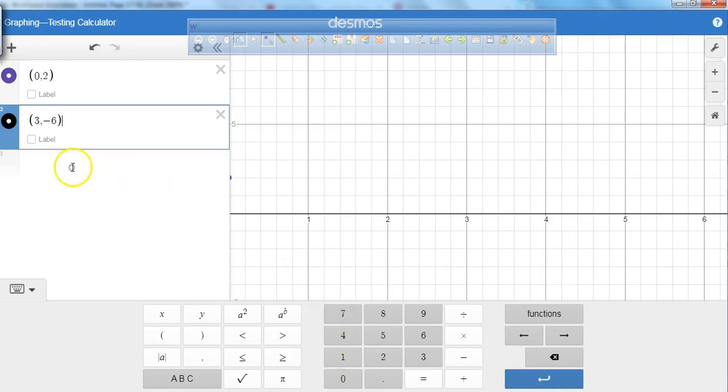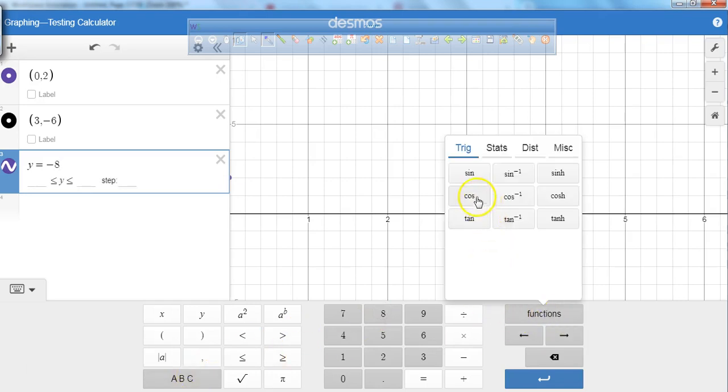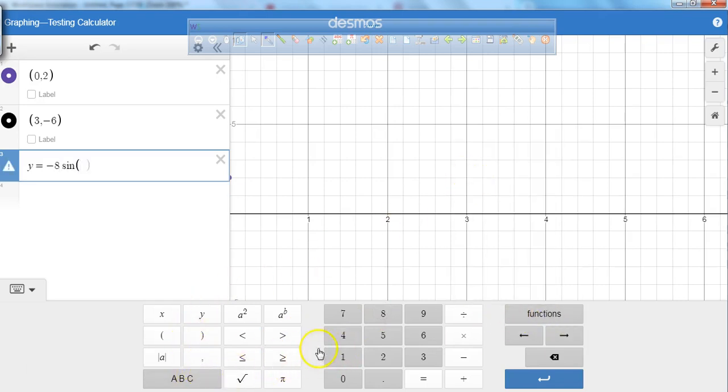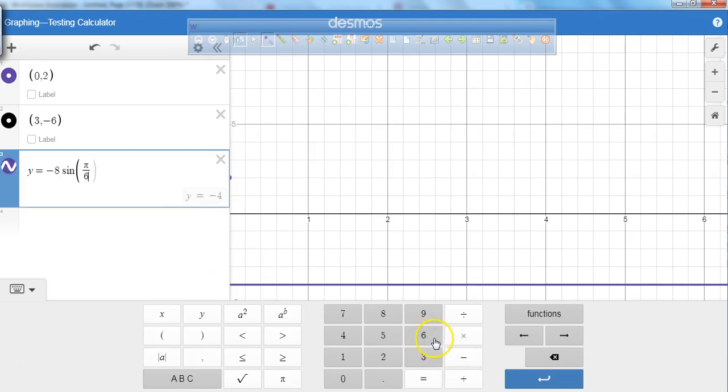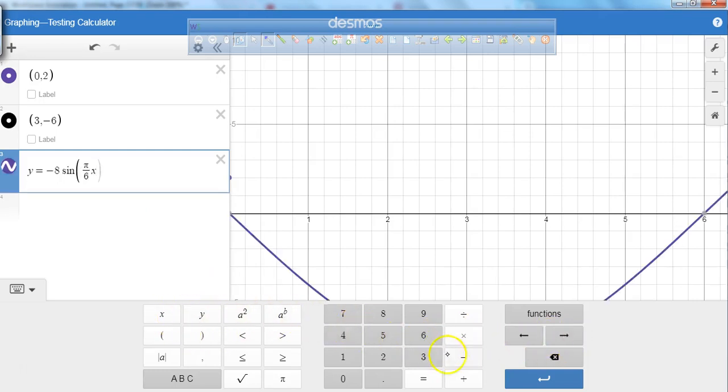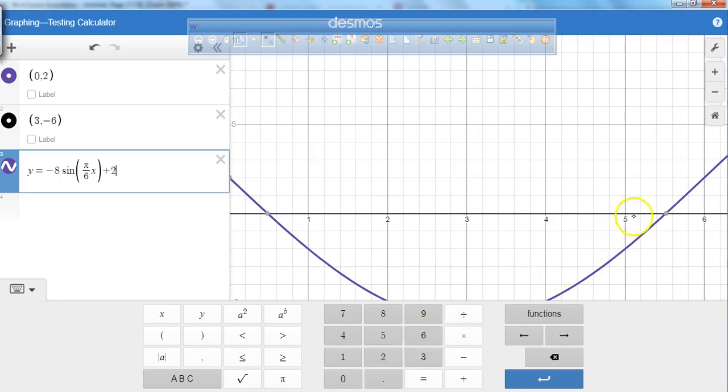So I'm going to go over to Desmos and type in y equals negative 8 sine. Then I'm going to do the little division bar, type in pi, go down, type in a 6, go to the right, hit x, go to the right, close the parentheses, and put plus 2.